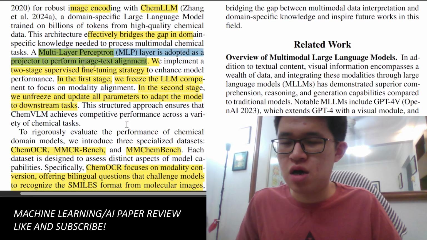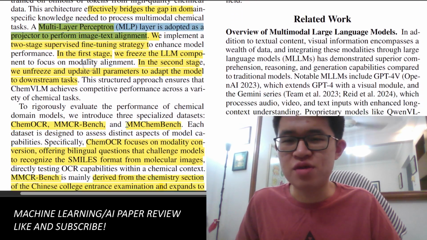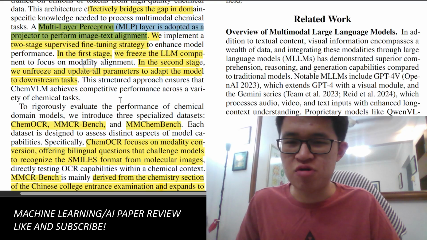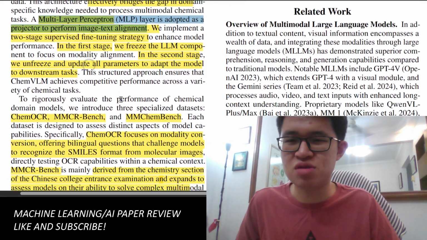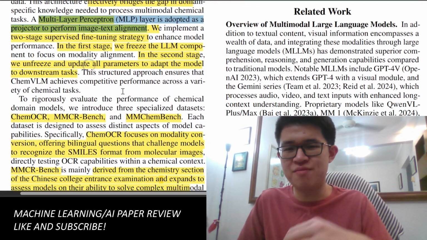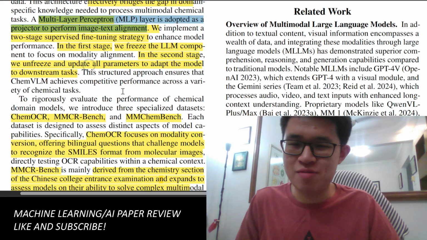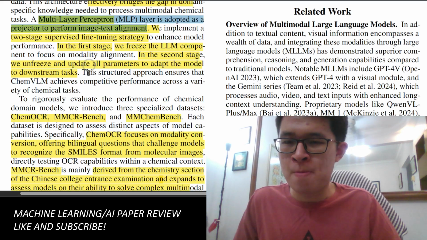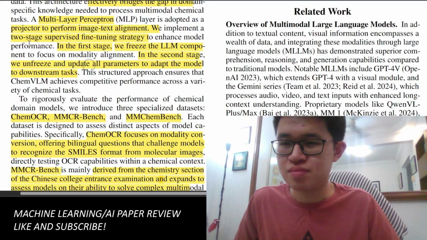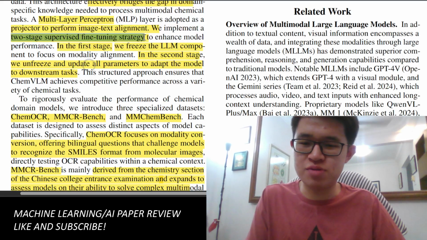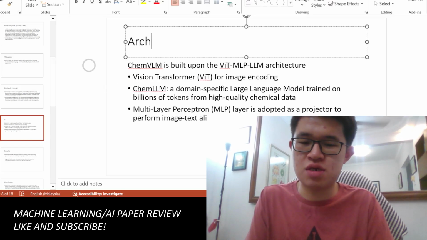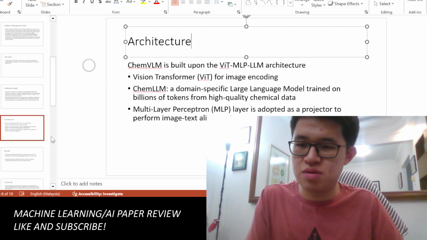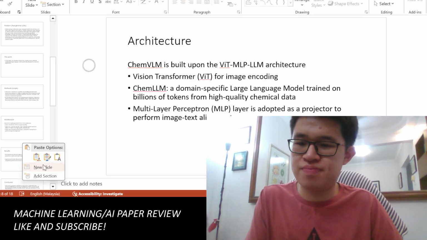I'm not exactly confident that my audience will understand what a vision transformer is, but I'm just going to describe it as some kind of an eyeball at that point. Now for the training process. And this is the architecture.